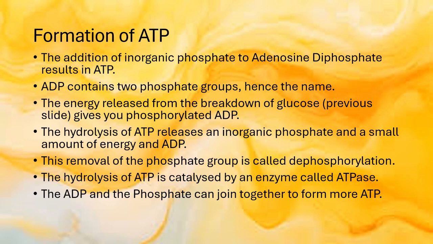The ADP and the phosphate can join together to form more ATP. So it's just this cycle of ADP being joined to a phosphate group to make ATP, and then the ATP is basically broken down because of hydrolysis to give you energy and ADP. ADP then goes back to become ATP, and then it's a continuous cycle. That's a way to think about it.